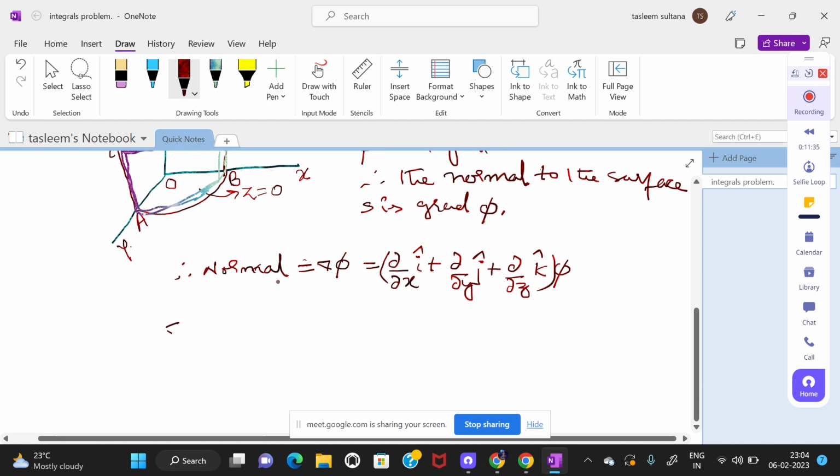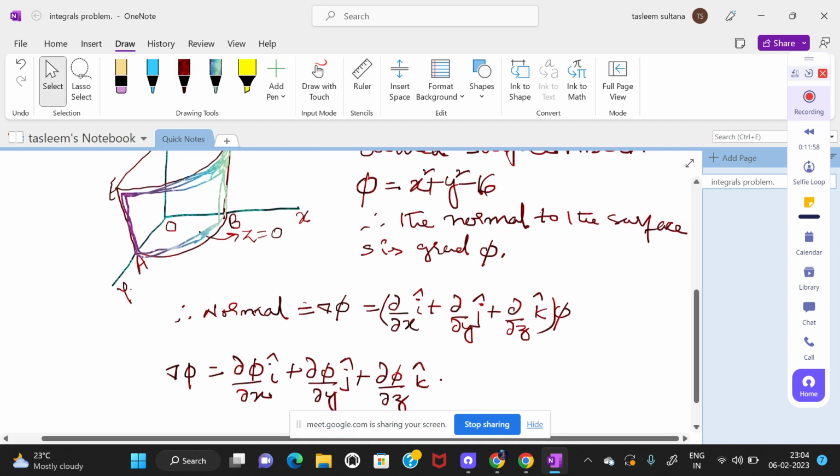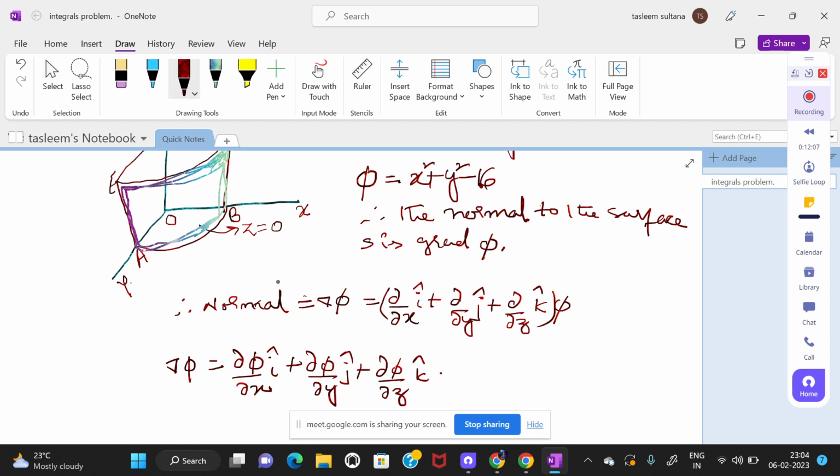So we get nabla phi, which is equal to dou phi by dou x into i vector plus dou phi by dou y into j vector plus dou phi by dou z into k vector, where they have given the phi equation x square plus y square minus 16.